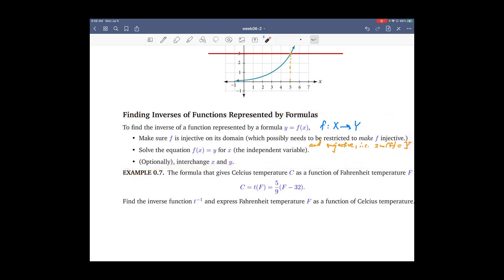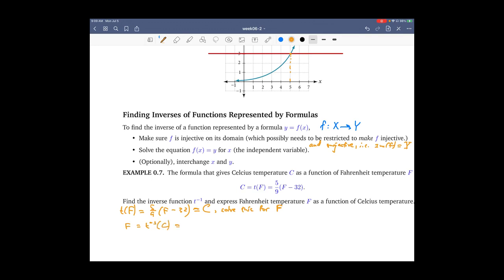So following this summary, I need to equate my function T of F, which is 5/9 times F minus 32 to an arbitrary y, in my case C, and solve this for F. Solving this for F, I get the inverse function T inverse.